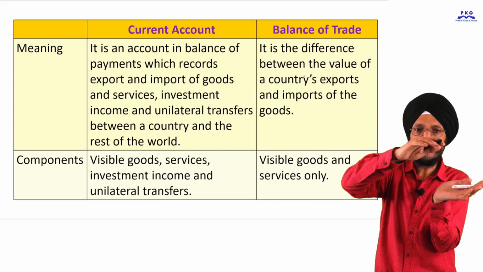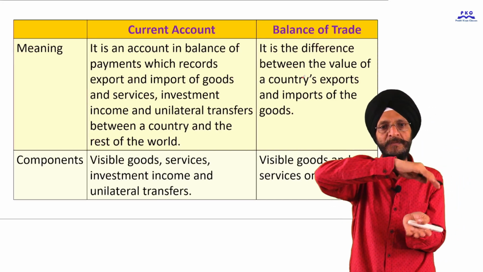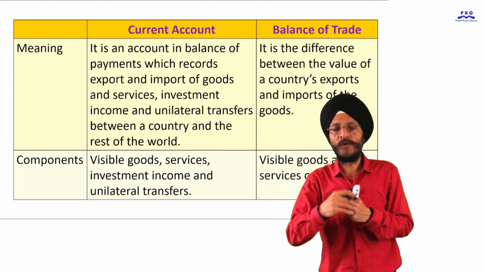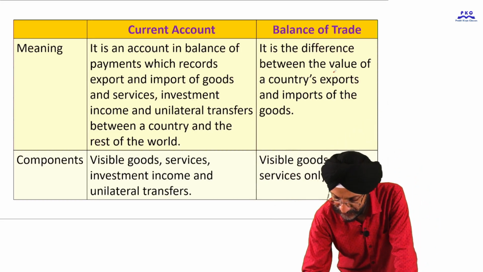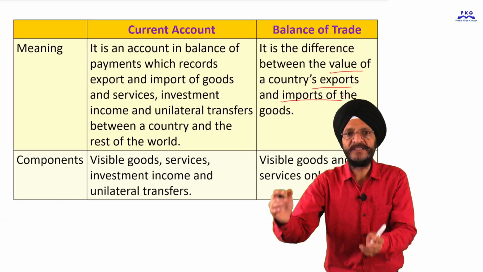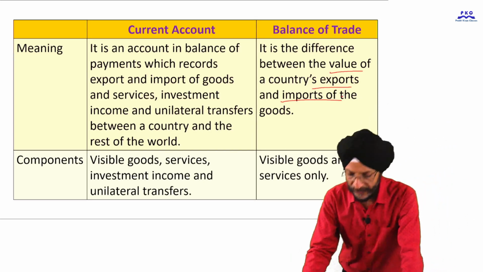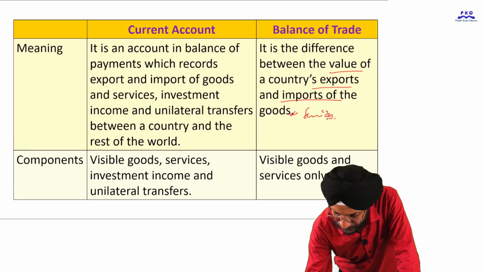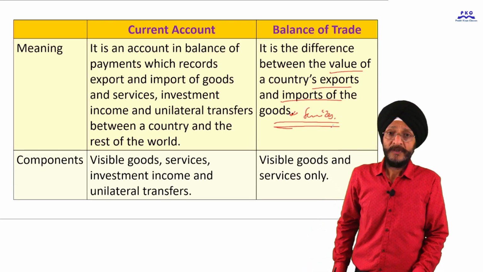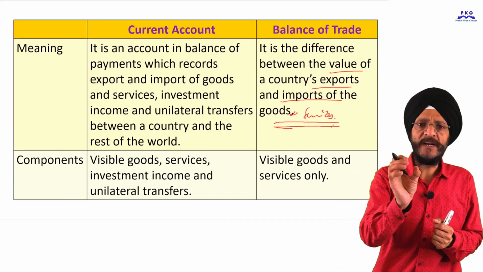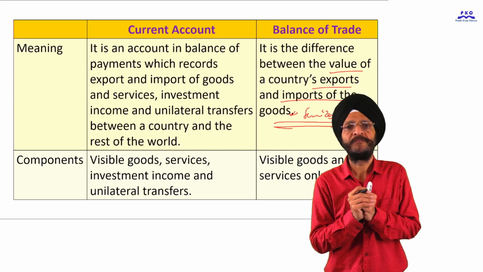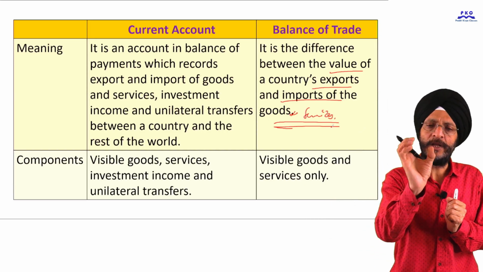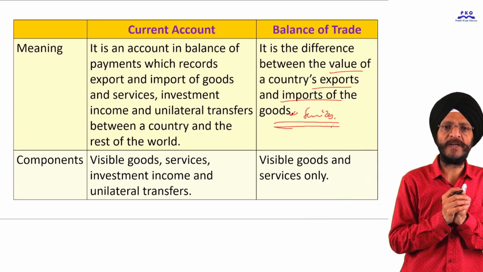All these transactions are recorded when they take place between the residents of a country and the rest of the world. On the other hand, balance of trade is the difference between a country's exports and imports of goods and services. If we say that balance of trade is concerned only with export and import of goods, it is the narrower definition of balance of trade.